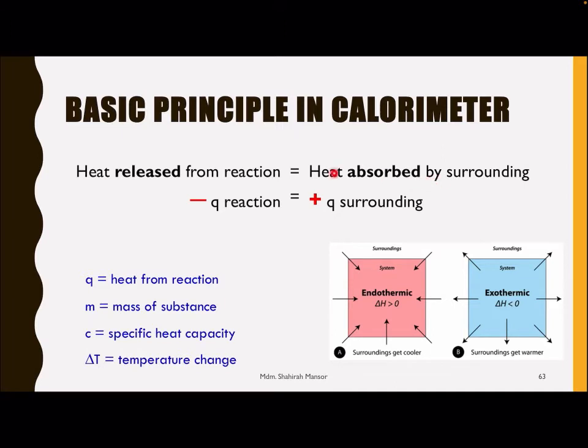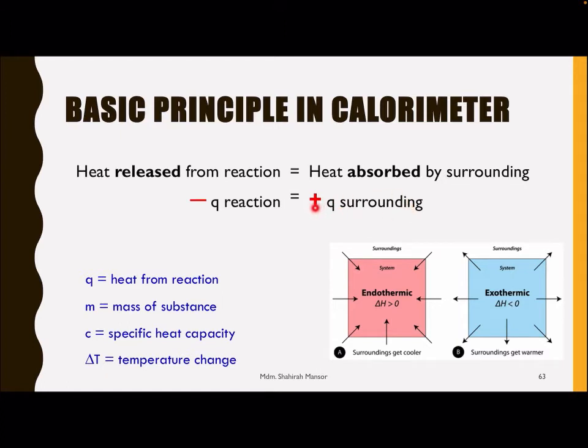Why is that so? Because the heat released from the reaction is negative q reaction, the value will be in negative form. And the heat absorbed by the surroundings will have the same value as the reaction, but in positive form.